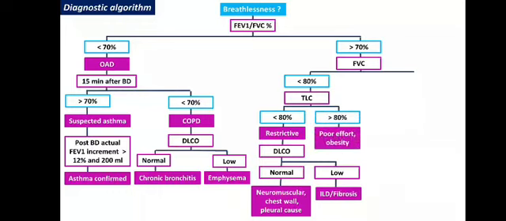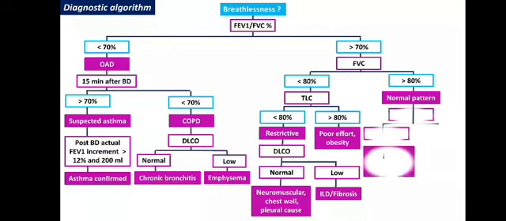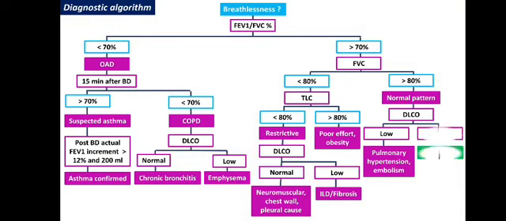On the other side, if the total lung capacity is more than 80%, it is most likely due to poor effort. On the other side, if the forced vital capacity is more than 80% and FEV1-FVC ratio is more than 70%, it is a normal pattern. Now come to the DLCO value. If the DLCO value is low, it will be a case of pulmonary hypertension or pulmonary embolism. If the DLCO value is normal, it is likely to be a normal report.